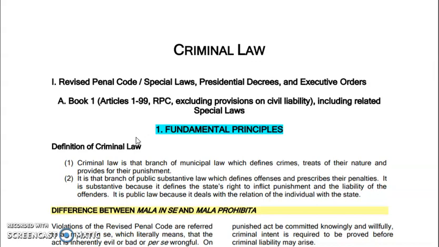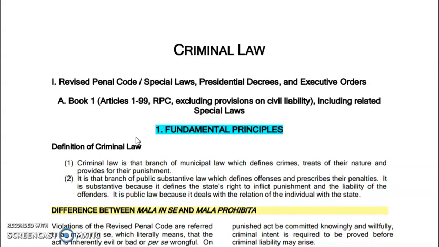In its simplest form, a crime is an act committed or omitted in violation of a public law forbidding or commanding it. So it can be something done, or it can also be something not done, no? Omission.